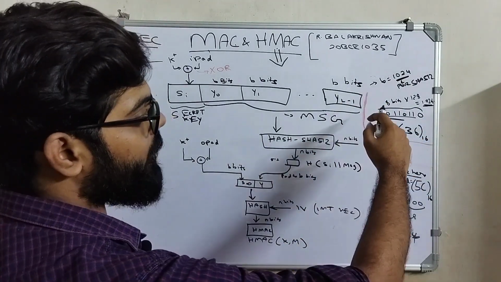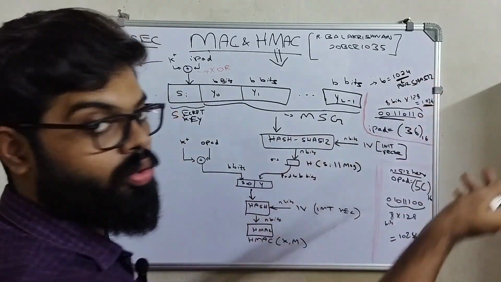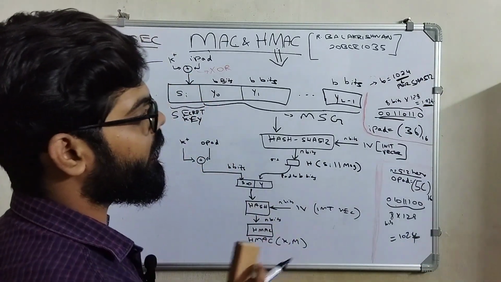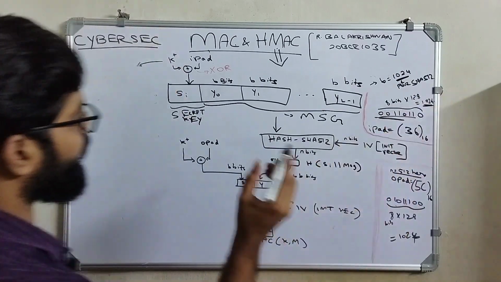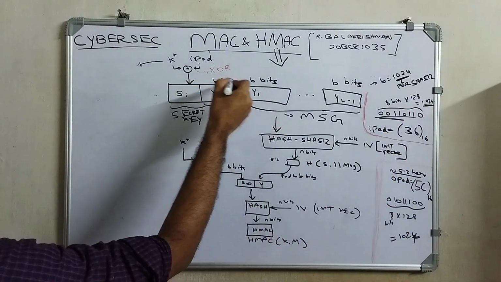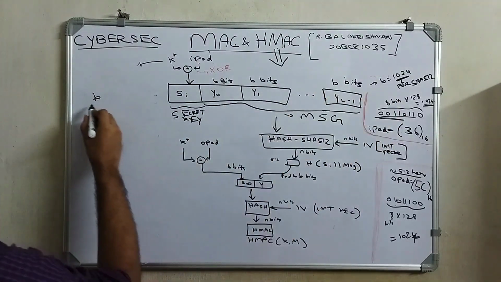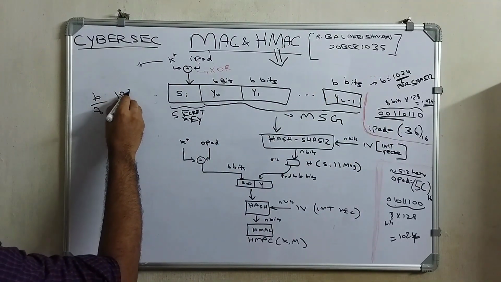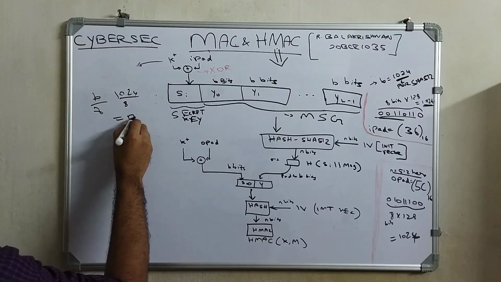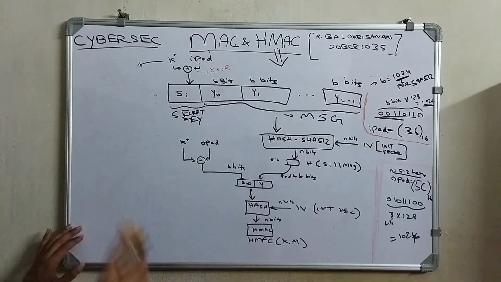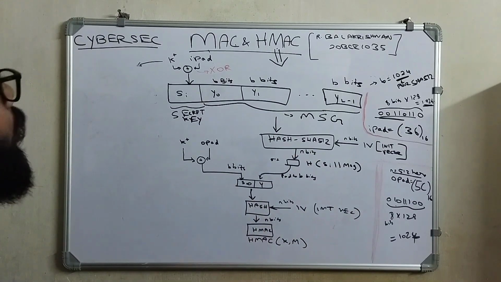So 8 bits into 128 will be 1024 bits. Again, we are making it 1024 bits, that is the biggest part, that's why we are multiplying by 128. The general formula: if the block is of b bits, we need to multiply by b by 8. Here 1024 by 8 is equal to 128. That is what we multiply with in general, but let's assume SHA-512 and then we will go down.